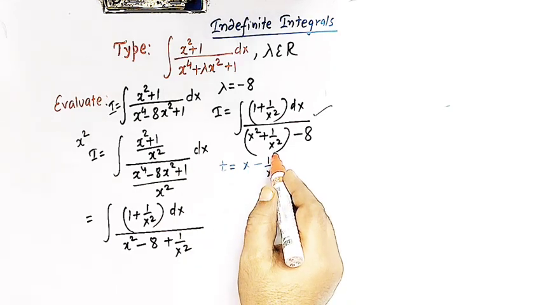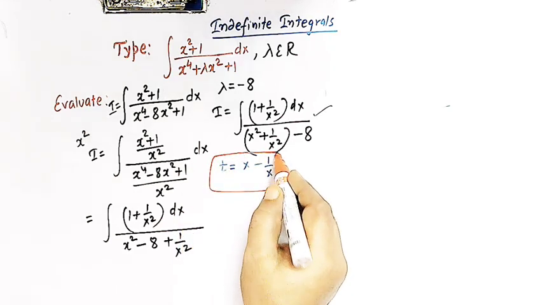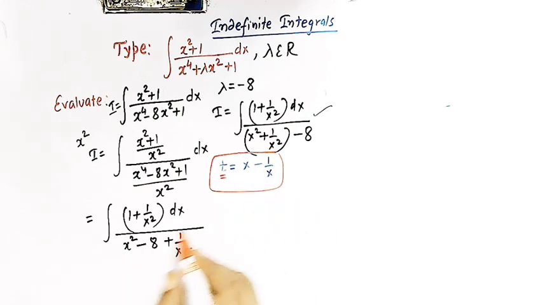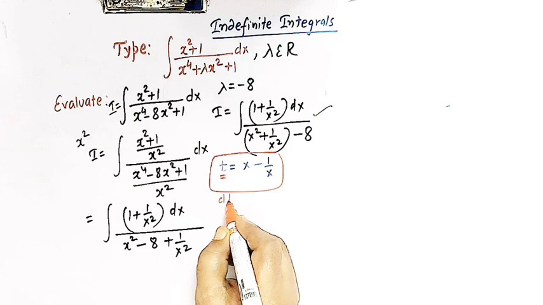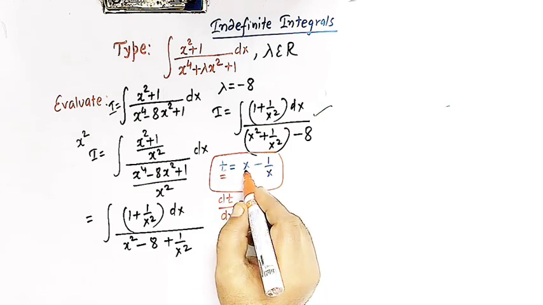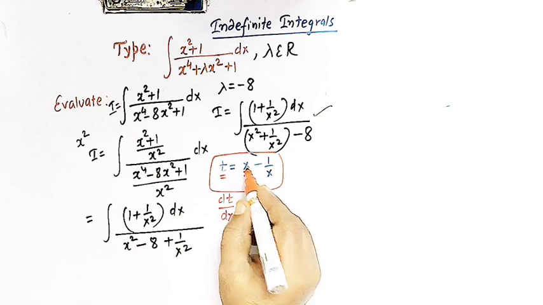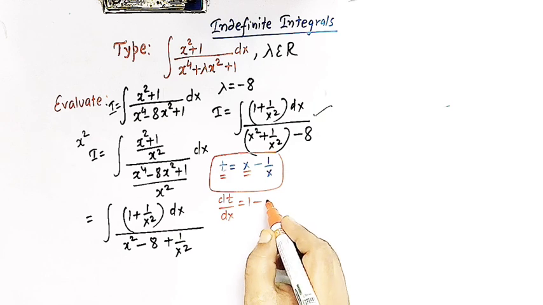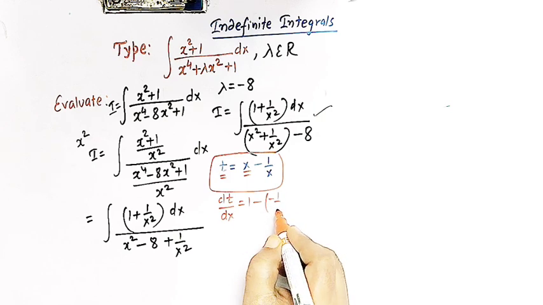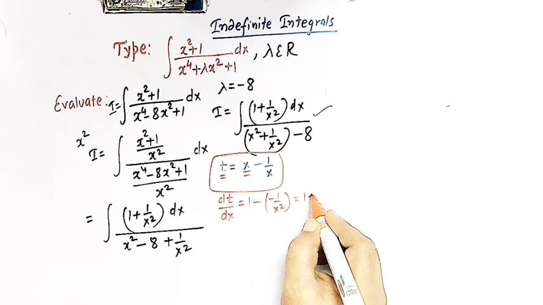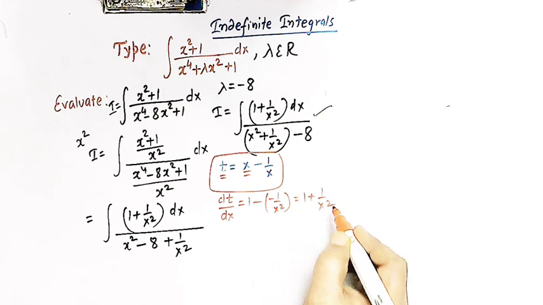So here we assume this substitution, that is t is equal to x minus 1 over x, because when we find out the derivative of t with respect to x, then here we have the derivative of x as 1, and the derivative of 1 over x is minus 1 over x square, and this becomes 1 plus 1 over x square.